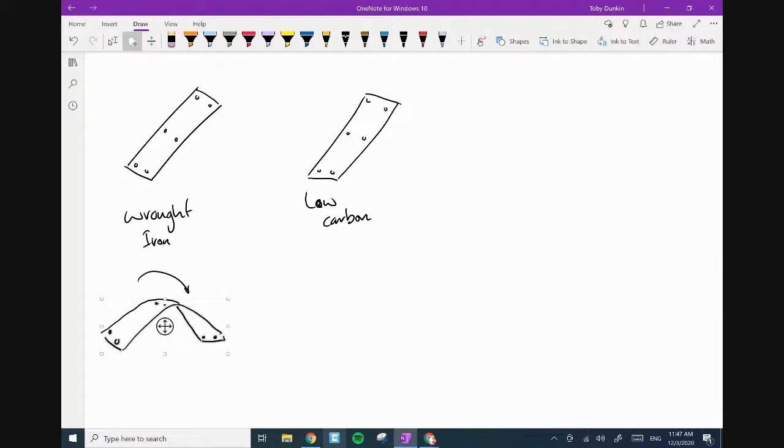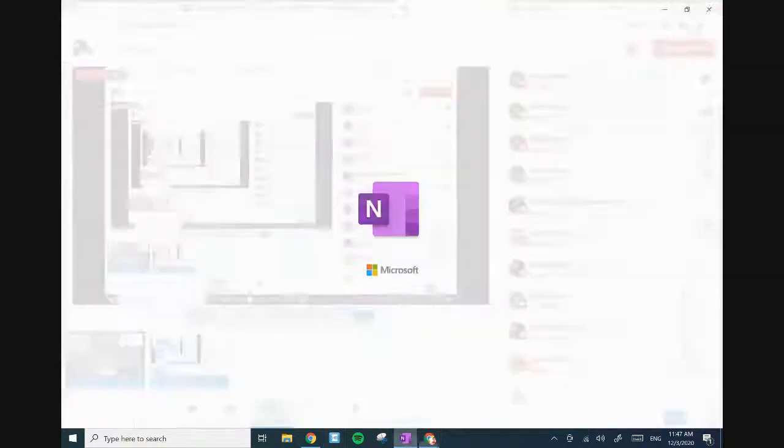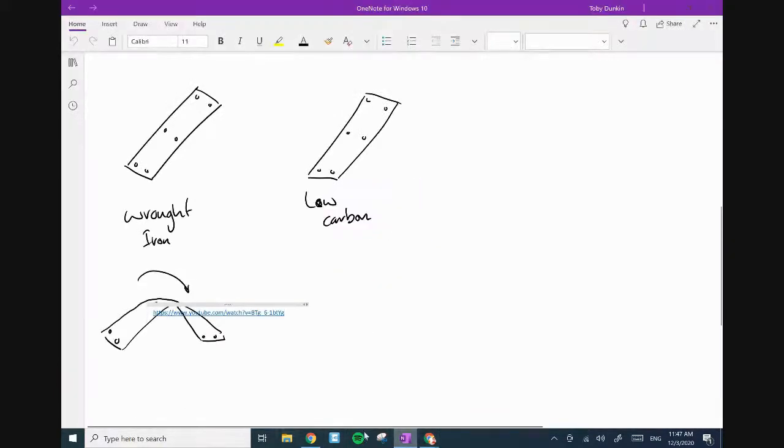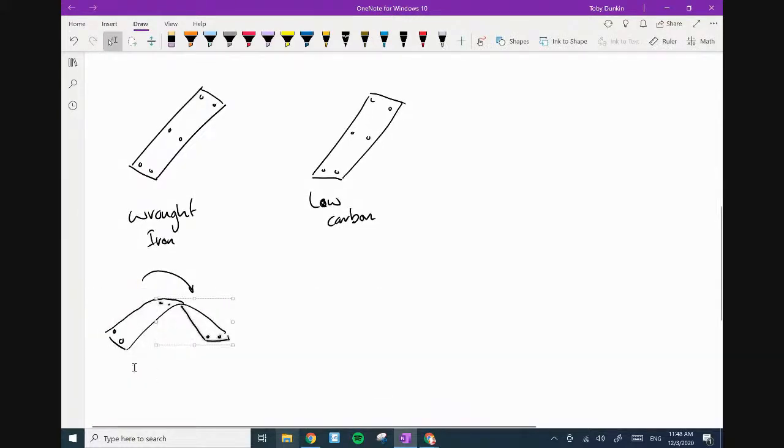Edit, copy. No! Oh my God, you stupid laptop. It's just kicked off on me as well. Delete. So what I want to do, draw, select. There you go. Copy. Paste.